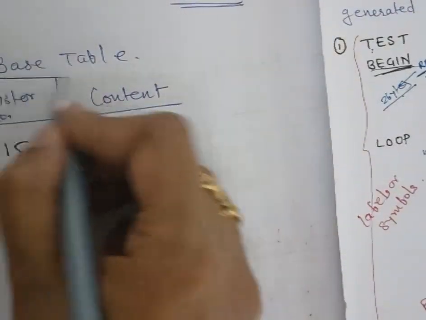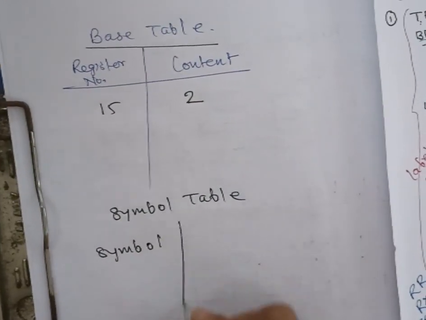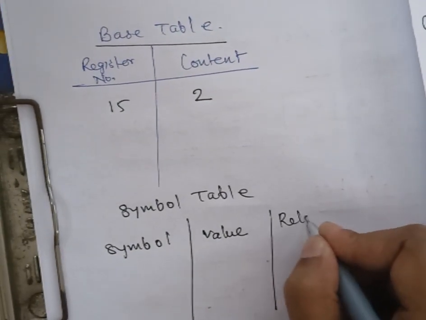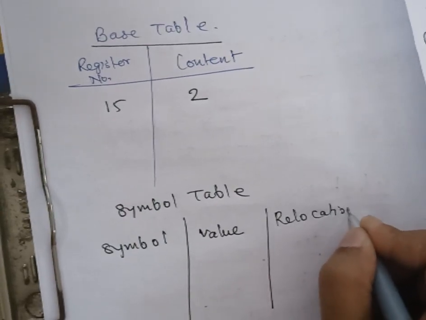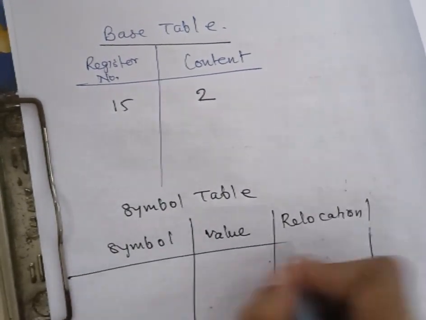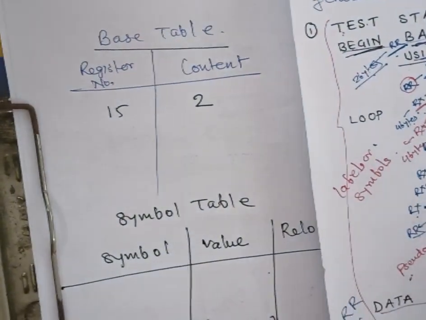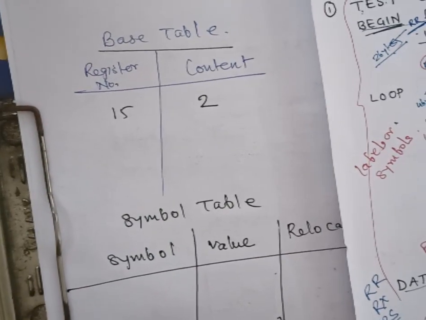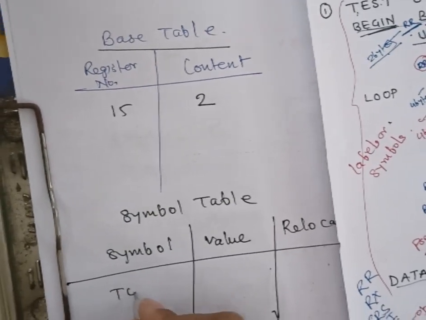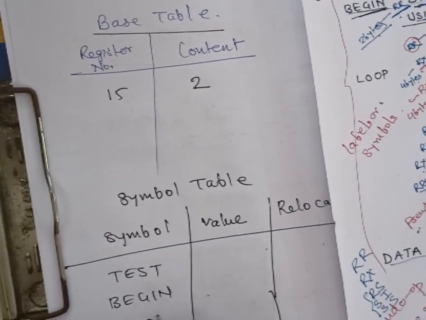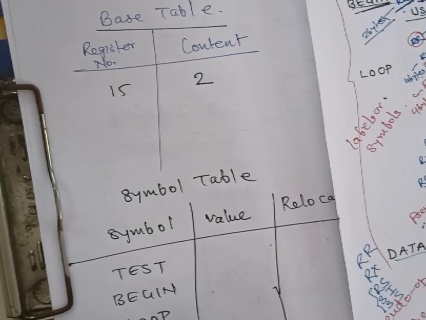Now the second table, after the base table, is the symbol table. The symbol table simply contains the symbols, their values and the relocation, which tells whether the value gets relocated or not. As I told you, TEST, BEGIN, LOOP and DATA are the labels or symbols we have.